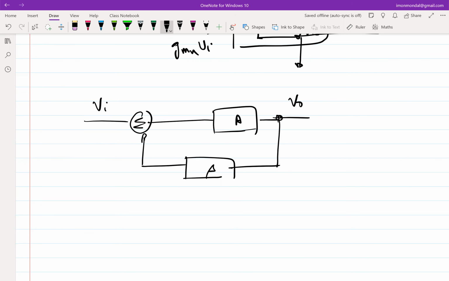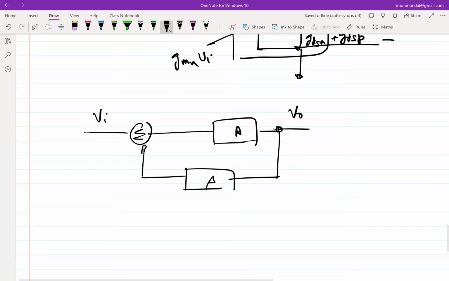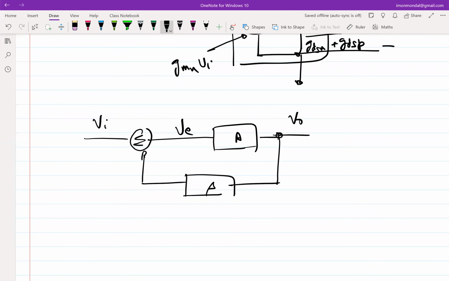Forget about breaking. Which two terminals am I looking at? VE and V0. So the relationship between VE and V0 is what? V0 by VE is what? It's A, regardless of whether it's in the loop or not.